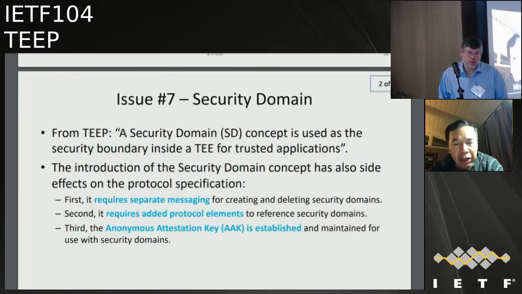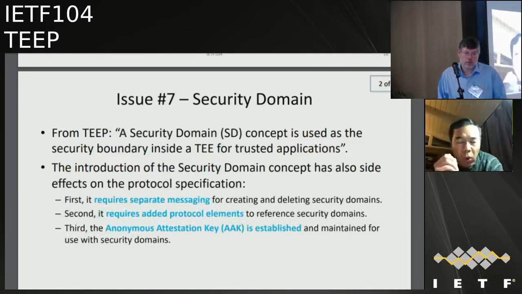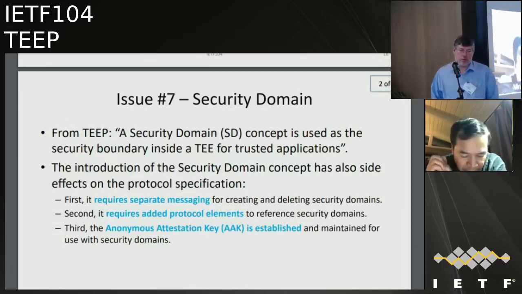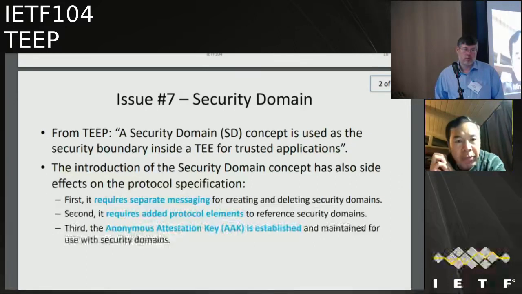Well, I'll explain AIK today. AIK is created when you create a security domain and you create a key in a device, a new key pair. That public key is sent back to the TAM, and then it can be forwarded to the service provider.